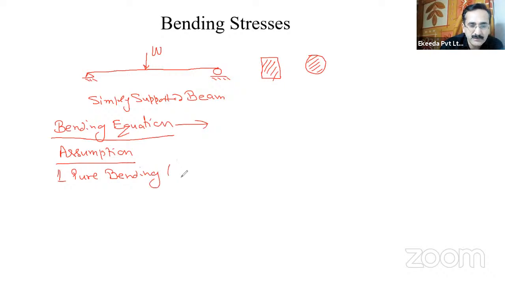Although there are shear forces, the shear forces are very small compared to bending stresses, so the shear forces can be neglected while calculating the bending stresses, right? So shear forces must be neglected.